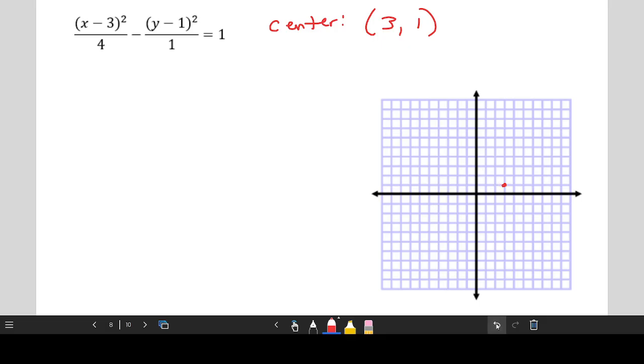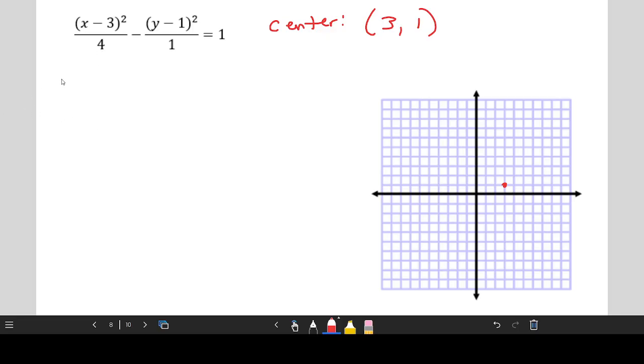I'm going to scale by a half again, just to give myself plenty of room. So 1, 2, 3, and up 1. Actually, I'm not going to do that because I think I'm going to run out of space. We'll just make it really tiny. All right, so there's 3, 1.